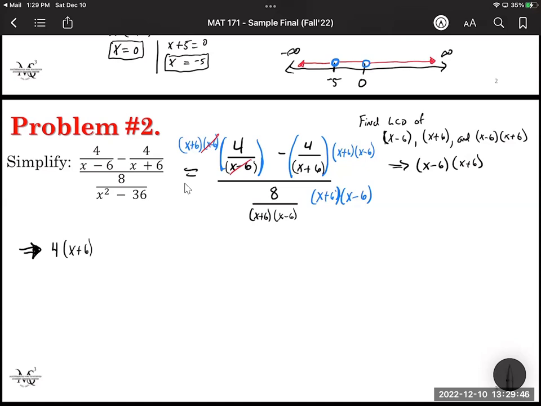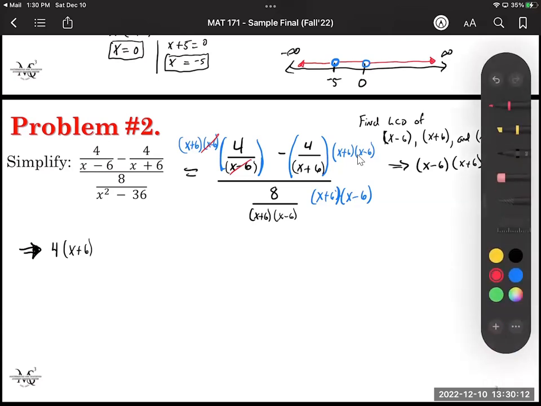There you go. All right, let's look at the second fraction. The second fraction, 4 over x plus 6, when I multiply it by the LCD, x plus 6 times x minus 6, what would that be? The x plus 6s would cancel, right? That's right, your x plus 6 will cancel.